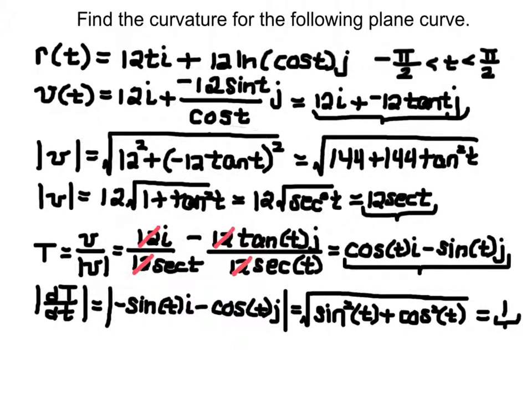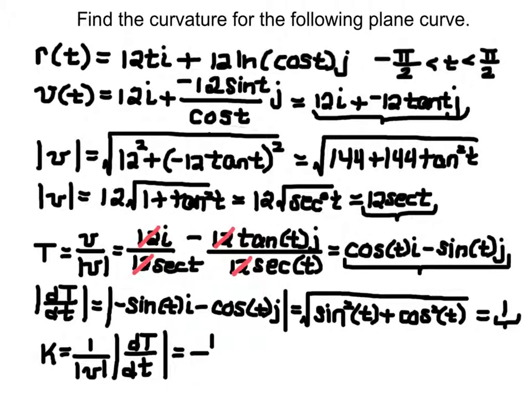So now we can find the curvature. The curvature is 1 over the magnitude of the velocity vector times the magnitude of the derivative of the unit tangent vector with respect to time, and the magnitude of the velocity vector is 12 times the secant of t, and of course the magnitude of the derivative of the unit tangent vector with respect to time is 1.